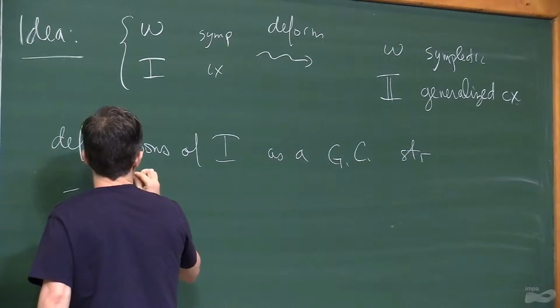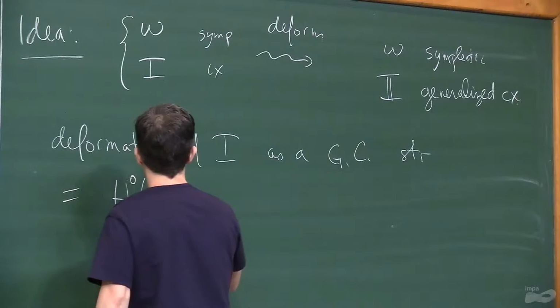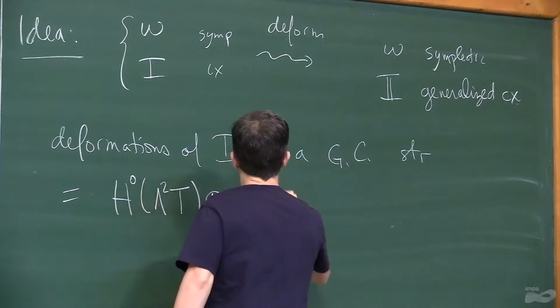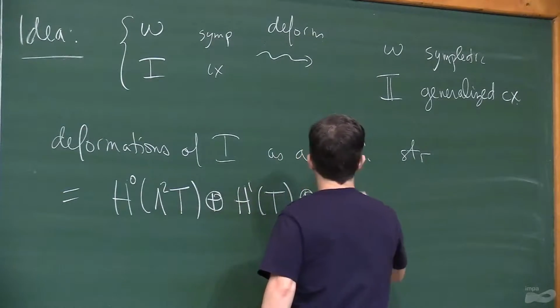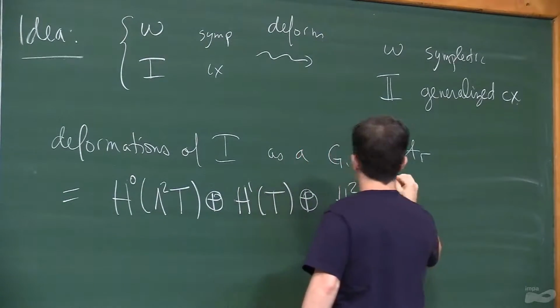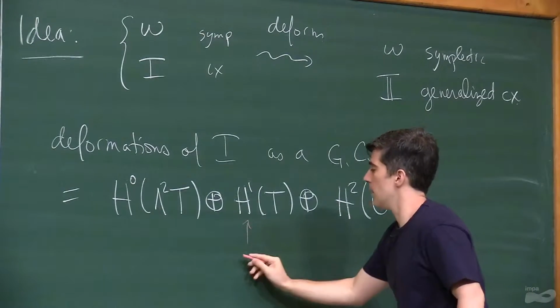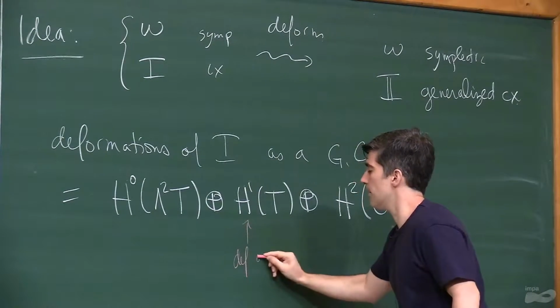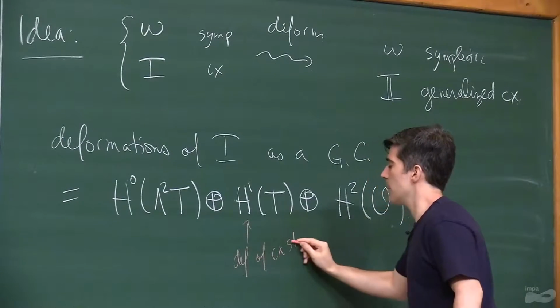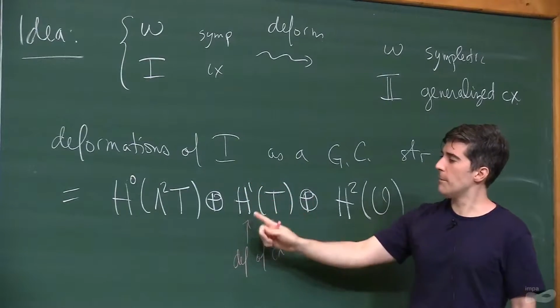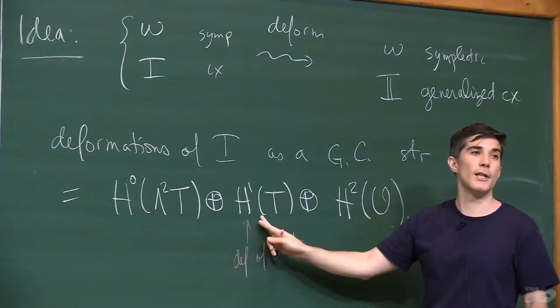It's H0 of wedge 2T plus H1 of T plus H2 of O. Okay, so here this is deformations of complex structure. So what I'm trying to say is that normally when we deform the complex structure, this is where the deformation lives.